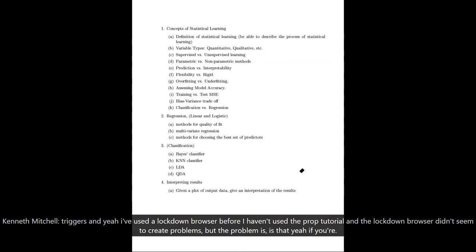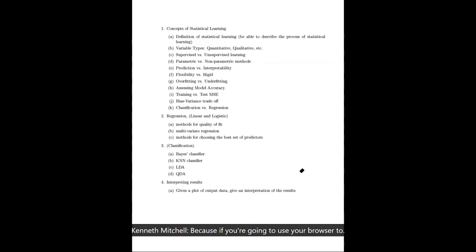But the problem is that if you're going to use your browser to open the PDF, then it's going to prevent you, because with the lockdown browser you're only looking at the exam.